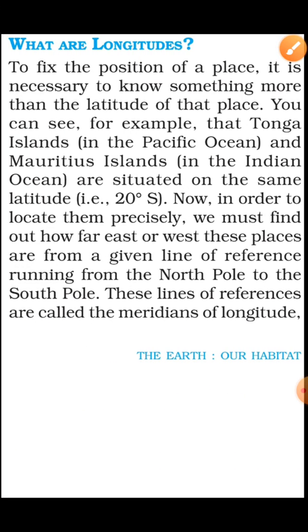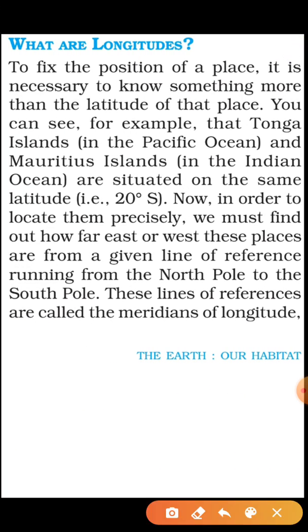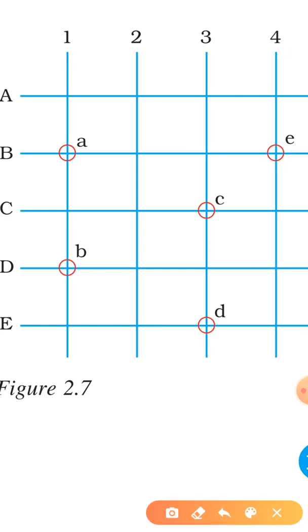For example, we can see here that Tonga Island in the Pacific Ocean and Mauritius Island in the Indian Ocean are situated on the same latitude, 20 degrees south. To locate them we need longitude also. Tonga Island is situated at 20 degree latitude, and Mauritius Island is also situated at 20 degree latitude.